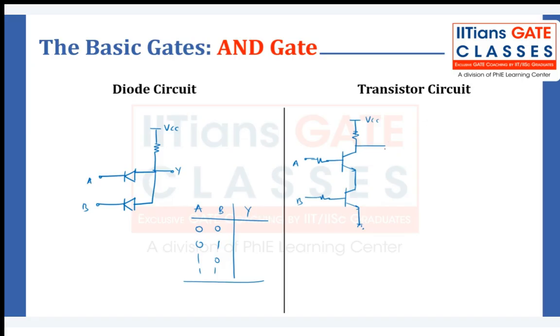I'll connect it to B, and then just invert it. VCC, resistance, and then take the output from here. You have to analyze this circuit for A and B: 0, 0, 0, 1, 1, 0, 1, 1.